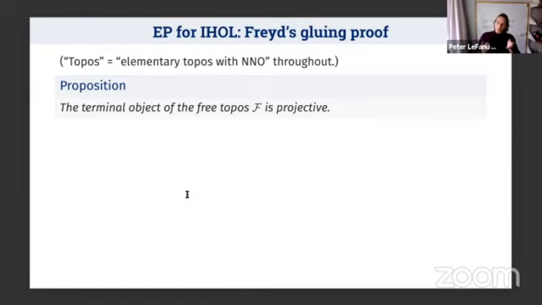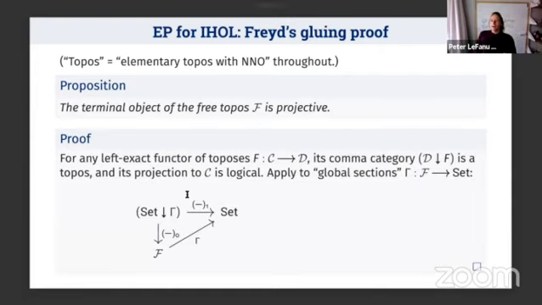All right. So before getting into the rule of countable choice, I'll warm up by quickly going over Freyd's categorical proof of the existence property, which shows that the terminal object of the free topos is projective. The proof is that you first show, and this is a routine calculation once you have the statement, that if you've got any left exact functor of toposes, then its comma category is again a topos, and one of the projection maps is logical.